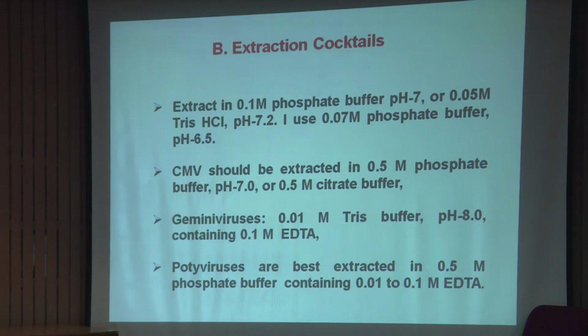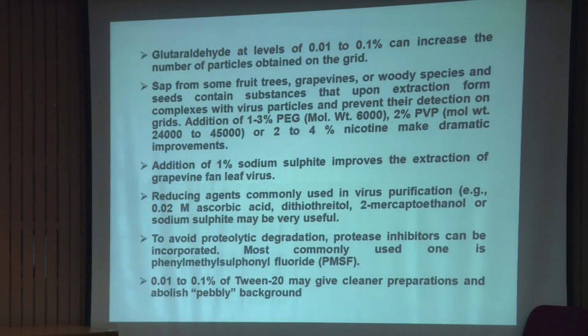So these are some additives we have to use while extracting the virus from the cell. And sometimes glutaraldehyde is a fixative. Glutaraldehyde you might have seen, it is a fixative. This is also used sometimes to give a good result when you are not getting the virus particle.